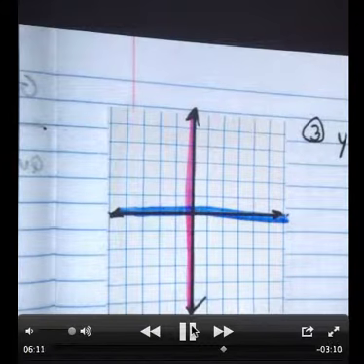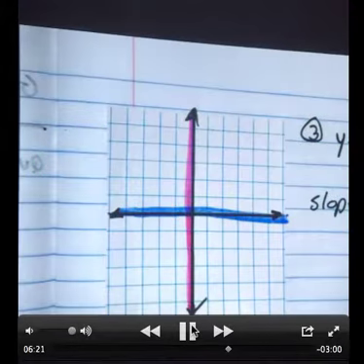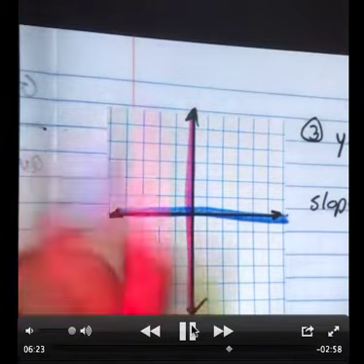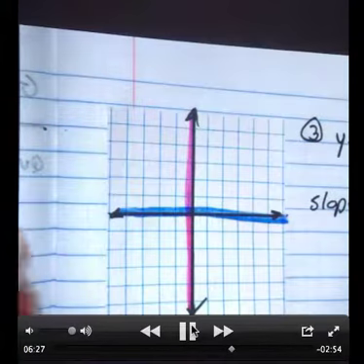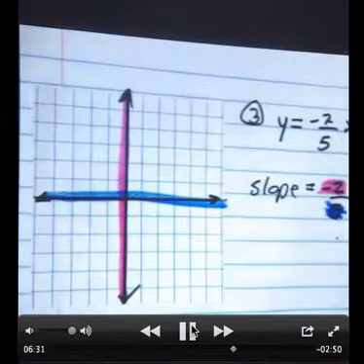So we'll start at 6. And I'll zoom out here in a second so you can see what's going on. But we are on page 97, number 3.